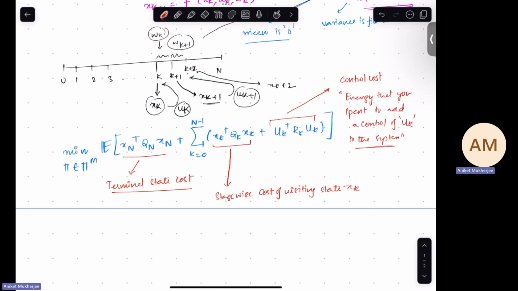And this control cost is at all time steps, because at all time steps you are taking a decision.